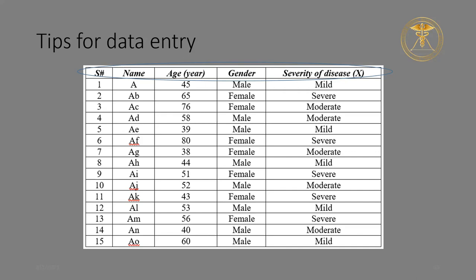Here we need to give the coding. So my question was weight, height, and body mass index. All three were open. So we need to give them quantitative and no need to give them the coding. No need to give the coding of the data.